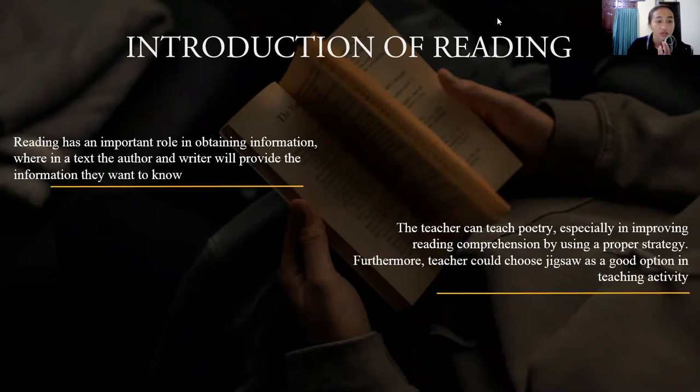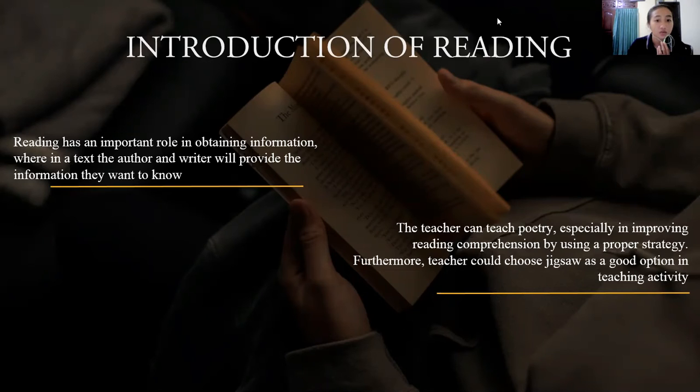Okay, introduction of reading. Reading has an important role in obtaining information, where in a text, the author and writer will provide the information they want to know. The teacher can teach poetry, especially in improving reading comprehension by using a proper strategy.